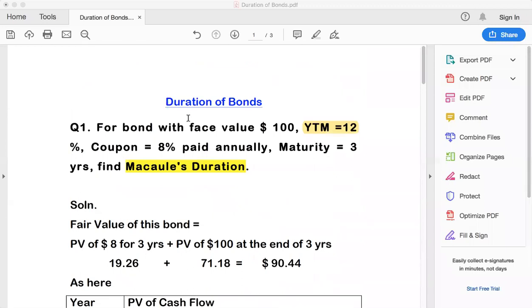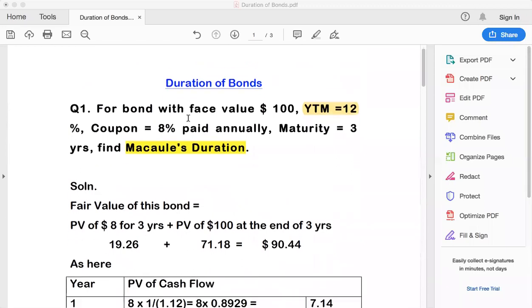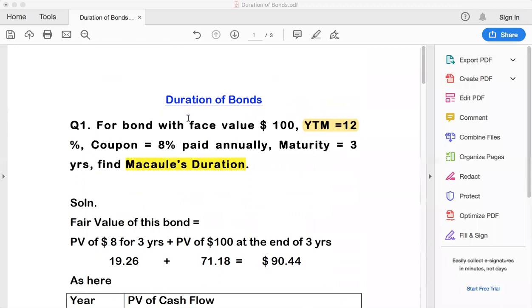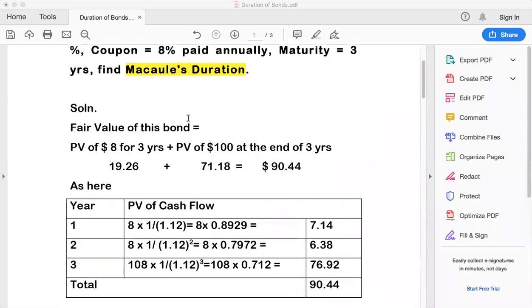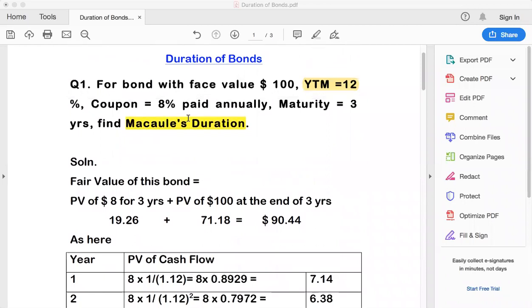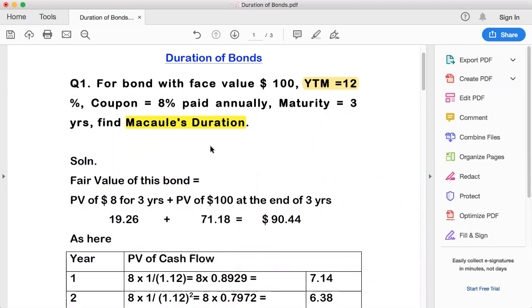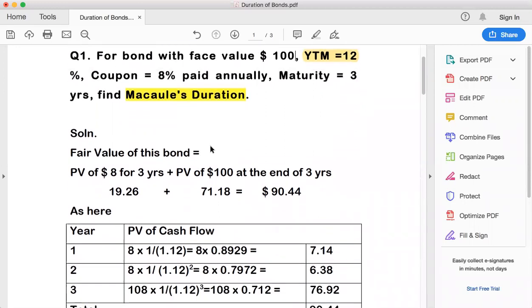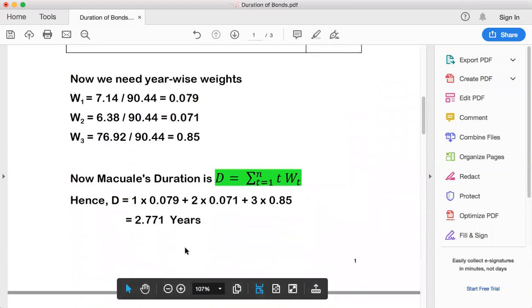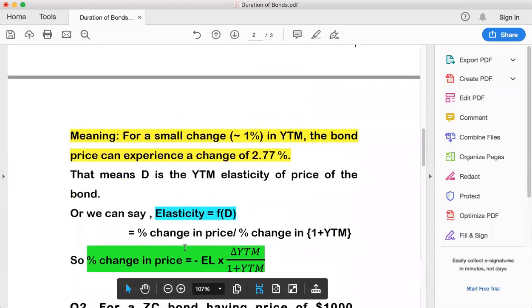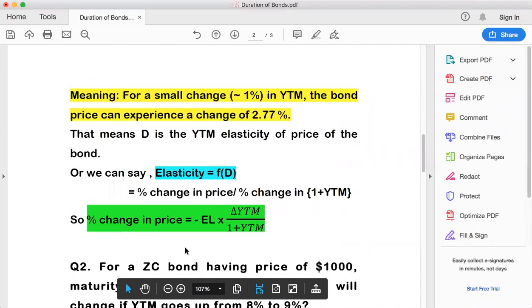So let me sum up. How did we understand the duration of the bonds, and Macaulay duration and the modified duration? In problem 1, we tried to find out the Macaulay duration for a bond with 12% YTM and 8% coupon maturing in 3 years. We found the Macaulay duration was 2.77 years, right? Then we tried to elaborate what it means intuitively.